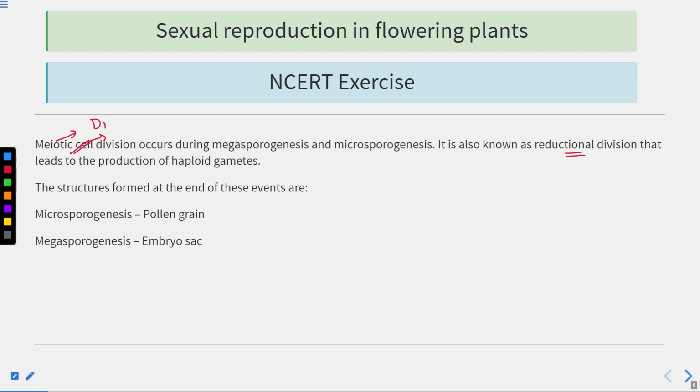Both are diploid structures, and they undergo meiosis to form 4 cells, 4 megaspores and 4 microspores. The structures formed at the end of these events: through microsporogenesis, pollen grains are formed, which are known as the male gametophyte, and through megasporogenesis, the embryo sac is formed, which is known as the female gametophyte.